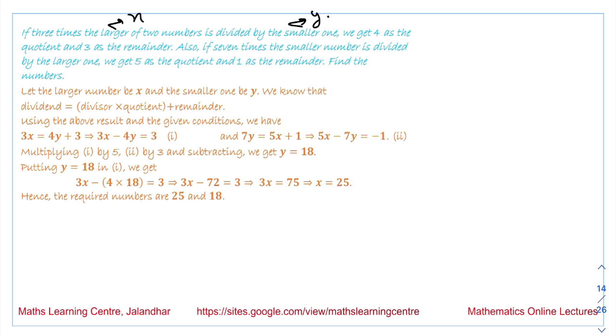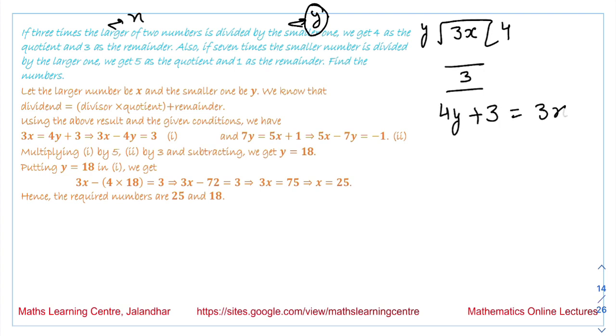It is given that 3 times the larger number, 3x, when divided by the smaller one, y, we get 4 as the quotient and 3 as the remainder. It means 4y plus 3 is equal to 3x. This also comes from Euclid's division algorithm.